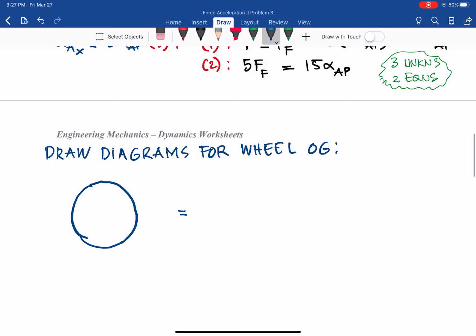Equal to, so basically we're talking about free body diagram equal to kinetic diagram. So you have that here. And the center rotates about point O, so we have point O. But this is an unbalanced wheel, they have something missing on the other side.